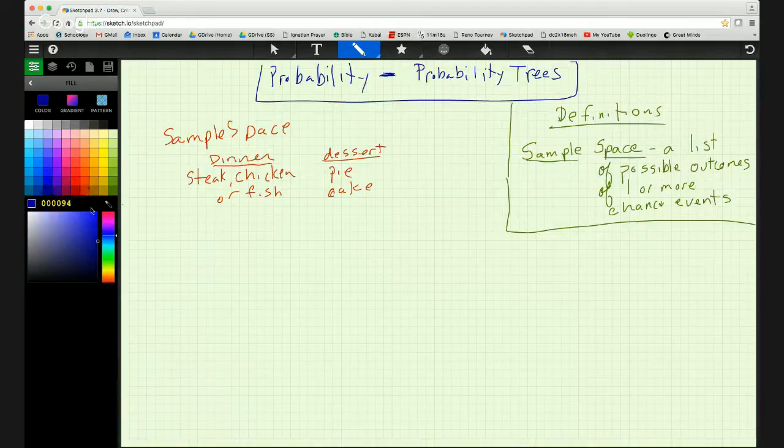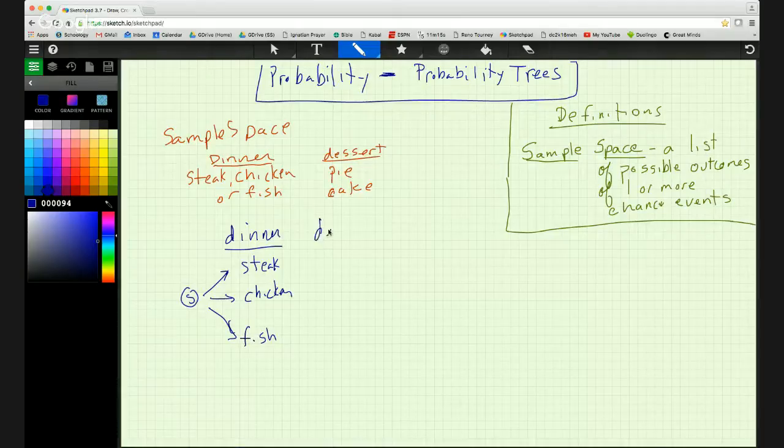Okay, let's switch colors for our actual layout here. So our first choice is our dinner choice. And so let's lay this out the way we did the other one. So here's my start, and I can go steak, chicken, or fish.